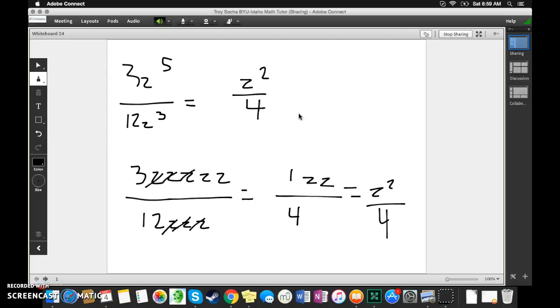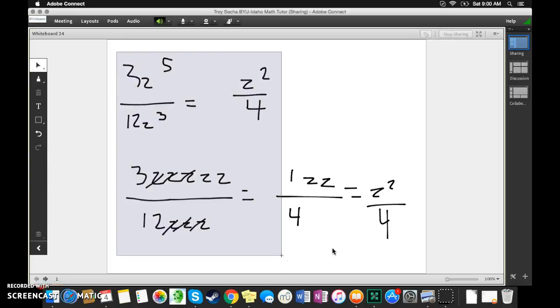Again, I'll repeat that. 12 divided by 3 is 4. Since 12 was bigger on the bottom, we put the 4 on the bottom. We reduced the fraction. But now you've got z squared divided by 4 as the answer, and that's what we got when we wrote out the other stuff. So that's division of exponents.